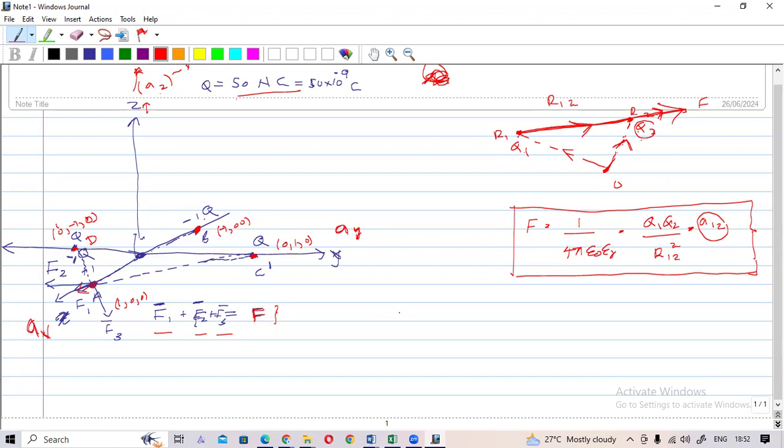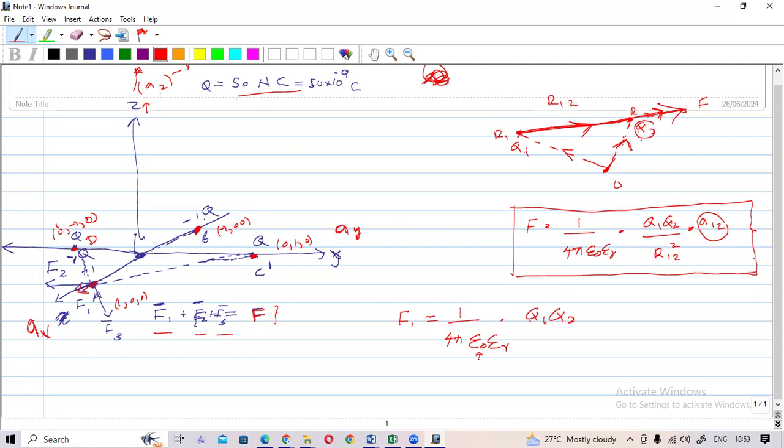So that force is, let's say, F1. So you can easily calculate F1, that is 1 over 4 pi epsilon naught epsilon R, Q1, Q2. So this Q1, Q2 is 50 nano and 50 nano. So this epsilon naught and epsilon are normally given.